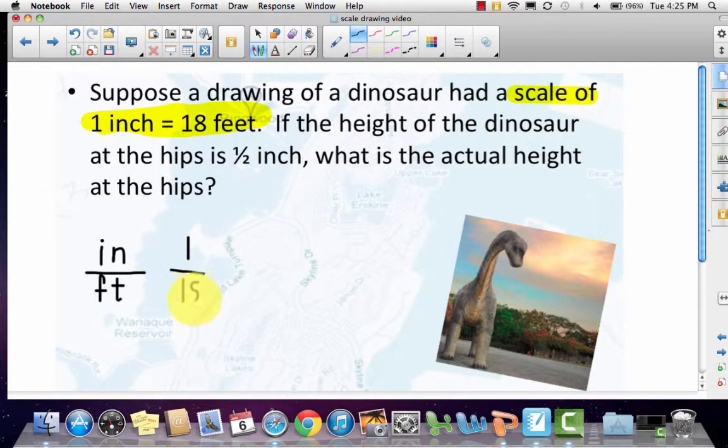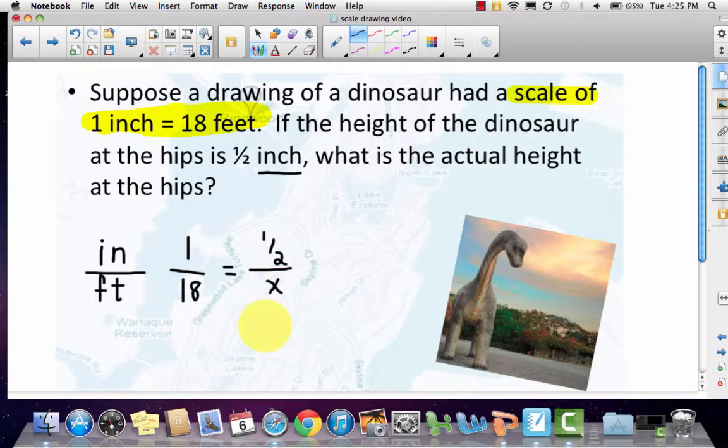The problem is then going to give me one more piece of information that I can plug into my proportion. So if I continue reading, I learn that the height of the dinosaur at the hips is 1/2 of an inch. And so if I follow my label, I see inches is in the numerator, so I will put 1/2 in the numerator here. And the missing piece of information is represented by the variable x.